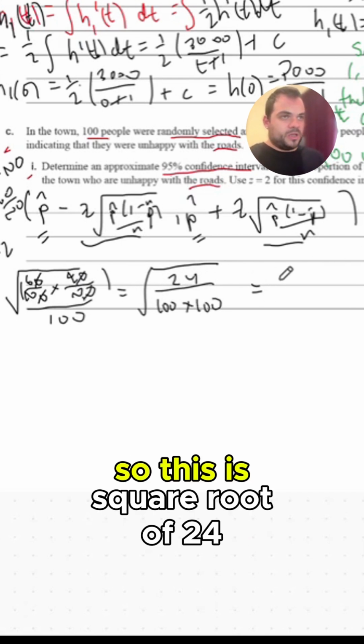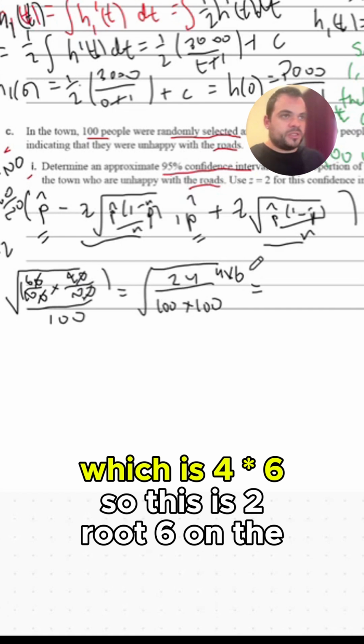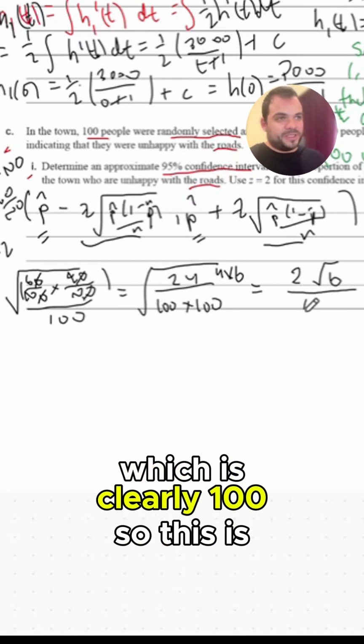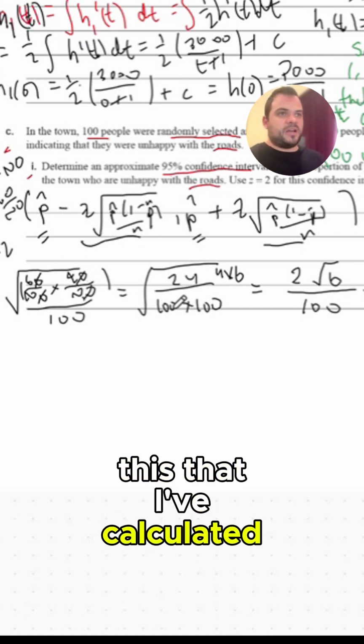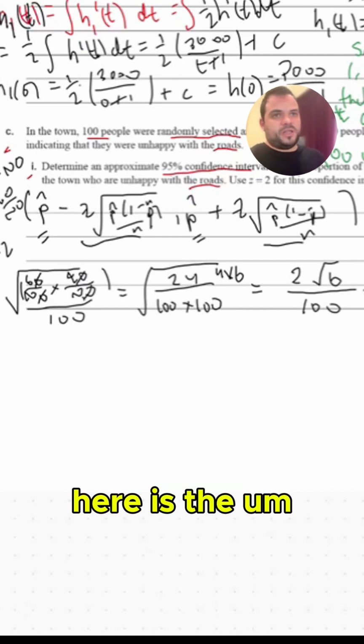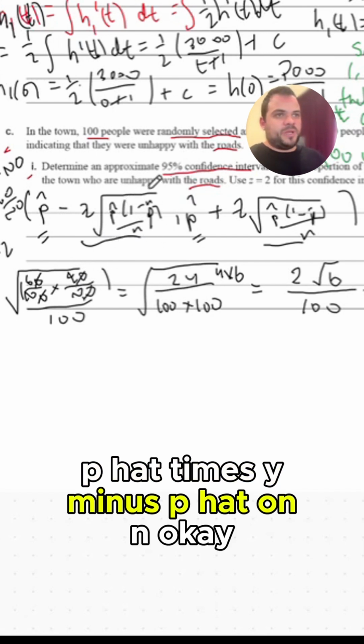So this is the square root of 24, which is 4 times 6. So this is 2 root 6 on the square root of 100 times 100, which is clearly 100. So this is root 6 over 50. So this that I've calculated here is the square root of p hat times 1 minus p hat on n.